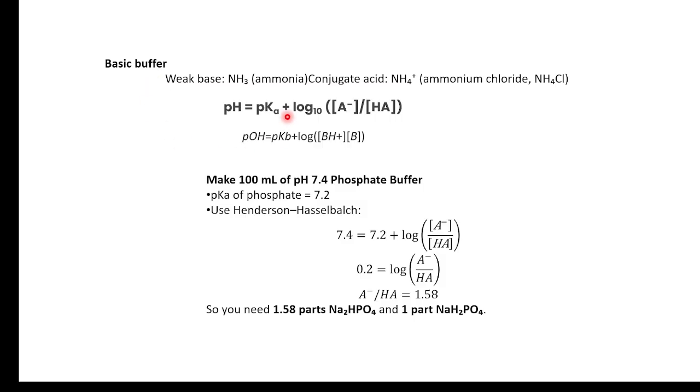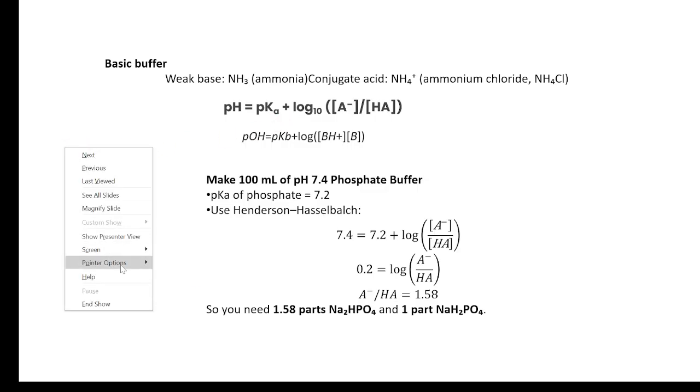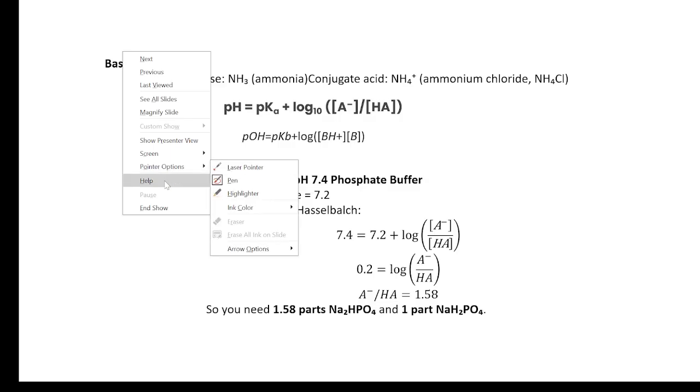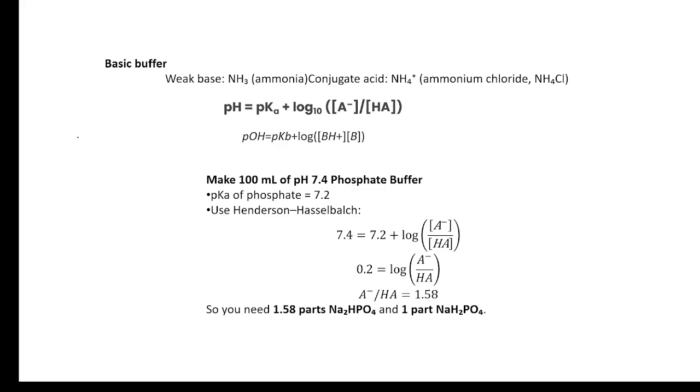Now, to make a buffer solution, you need to have knowledge about the Henderson equation. So, this is the Henderson equation. By using this equation, you can make any kind of buffer.